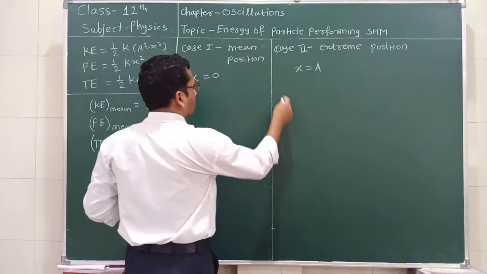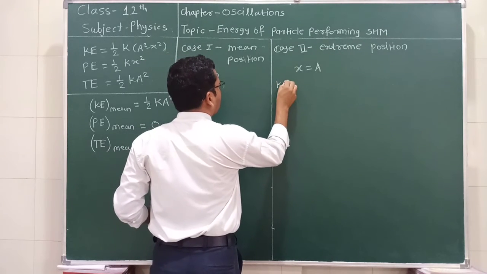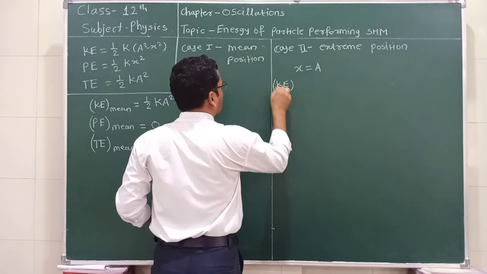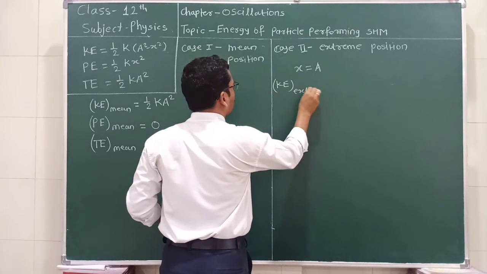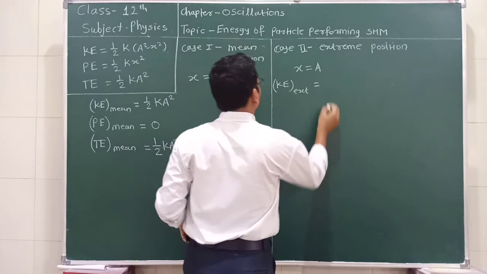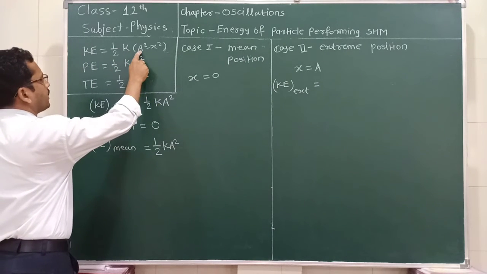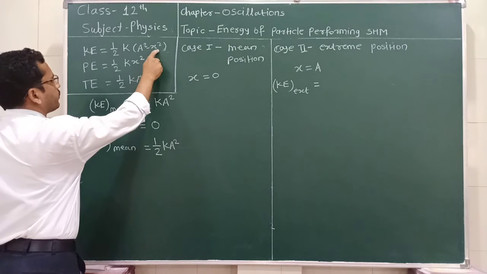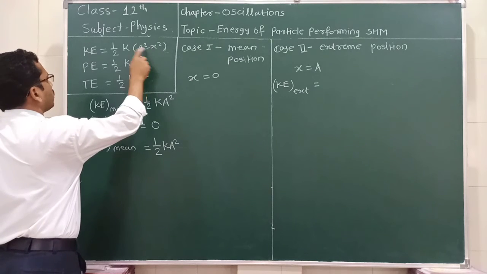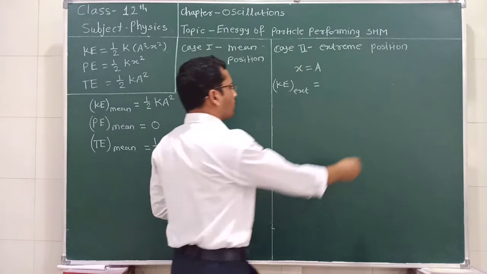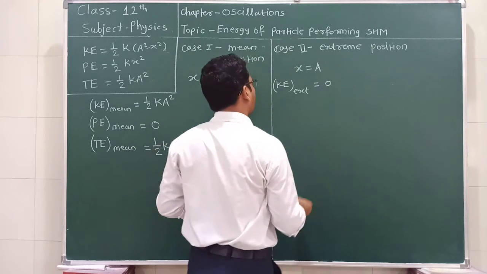Then what is the kinetic energy at the extreme position? As x is equal to a, we can replace a with x, so x² minus x² is equal to 0. Therefore the kinetic energy is equal to 0.